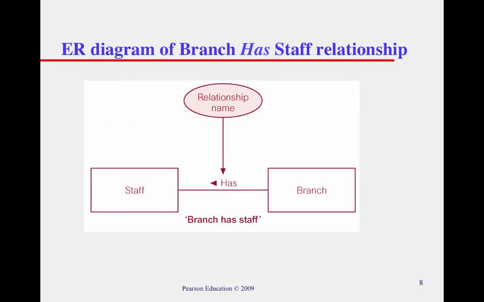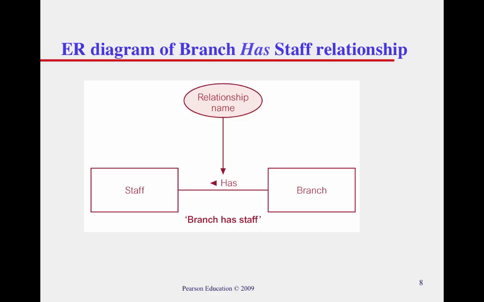In the ER model, relationships are diagrammatically displayed as a line between entities and an arrow showing the direction of the relationship.